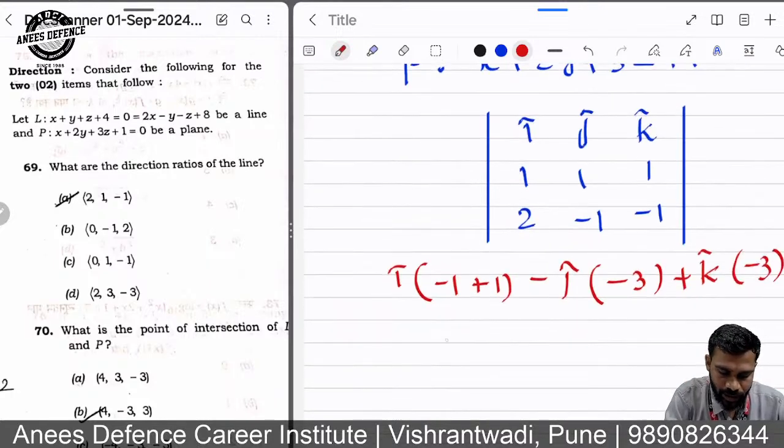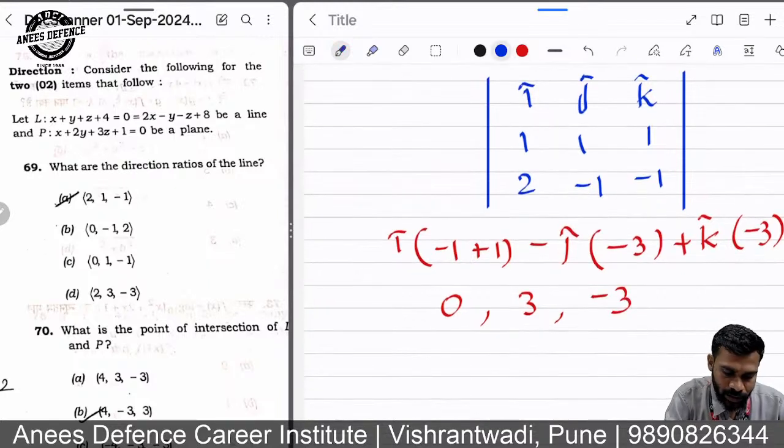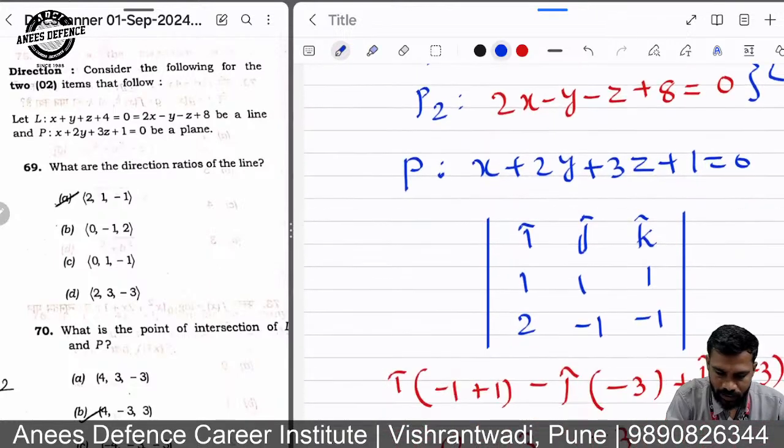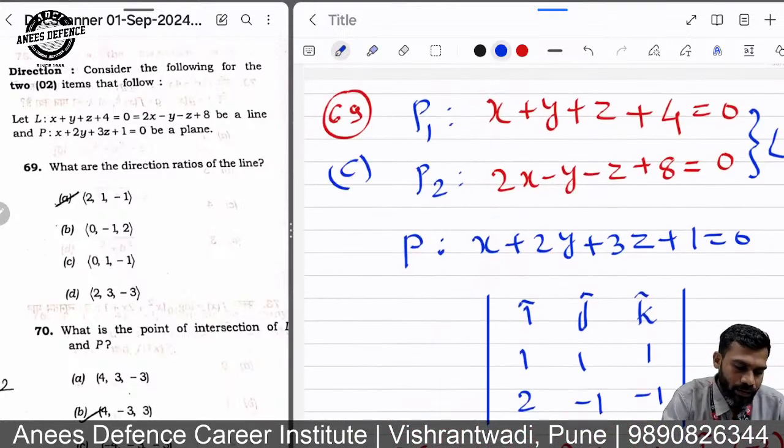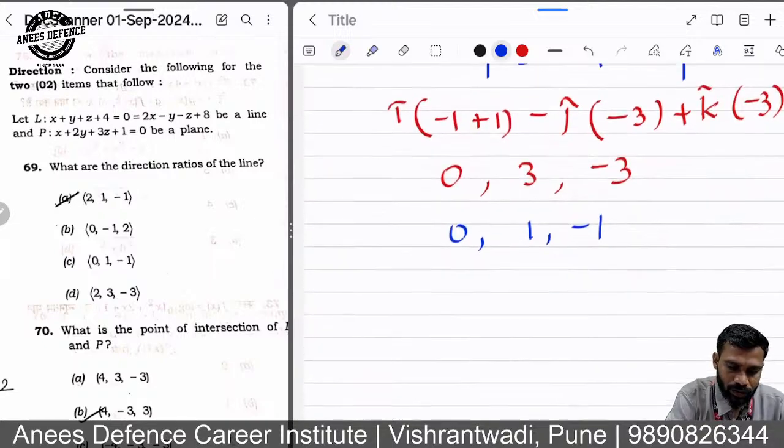So the final answer will be 0, 3, minus 3. Now I can divide it by 3, so you'll be getting 0, 1, minus 1. So C would be the right answer. Very easy. Now let us move to the next question.